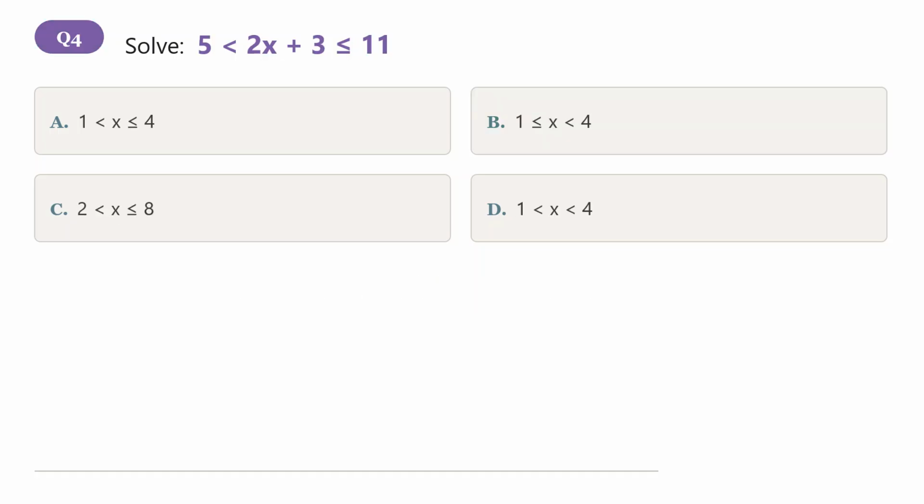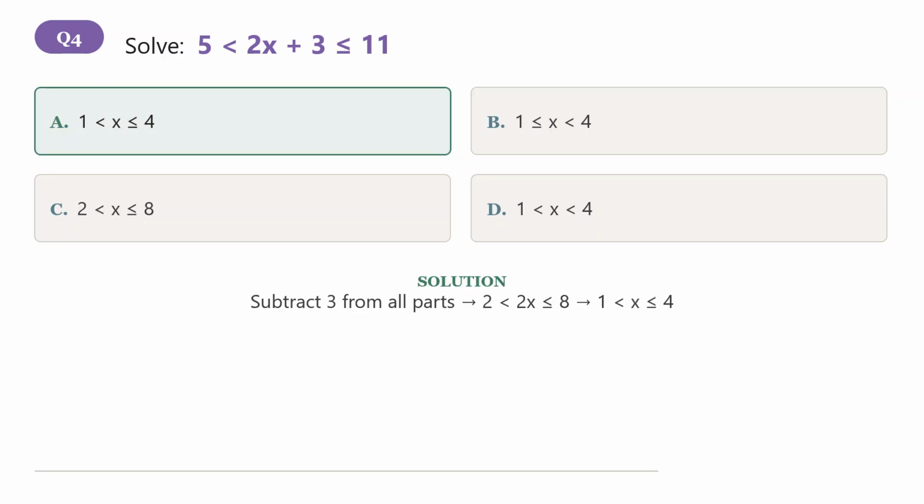Question 4. Solve the compound inequality 5 is less than 2x plus 3 less than or equal to 11. Pause. The answer is 1 is less than x less than or equal to 4. Subtract 3 from all three sections to get 2 is less than 2x less than or equal to 8.